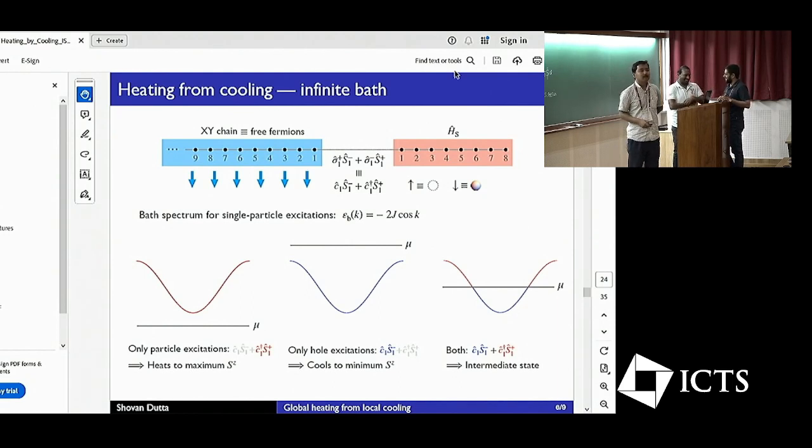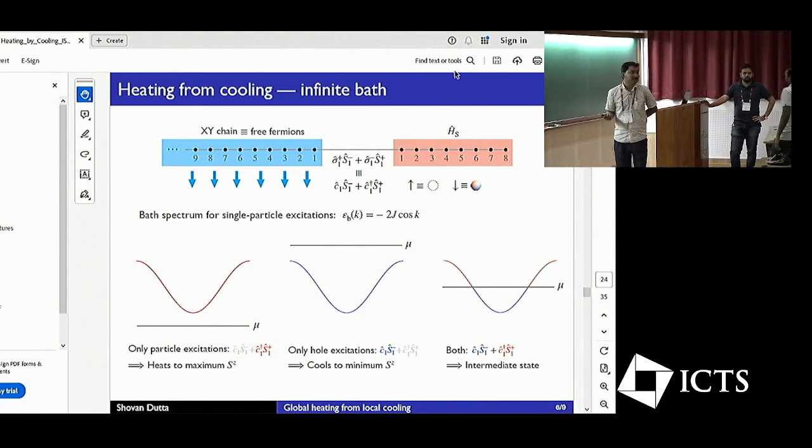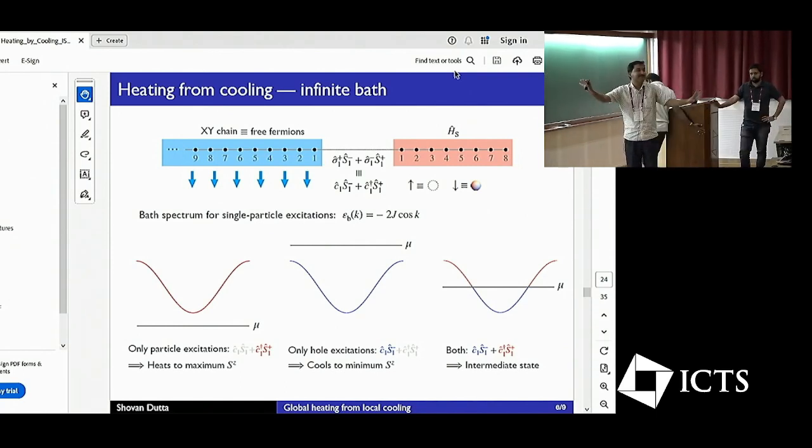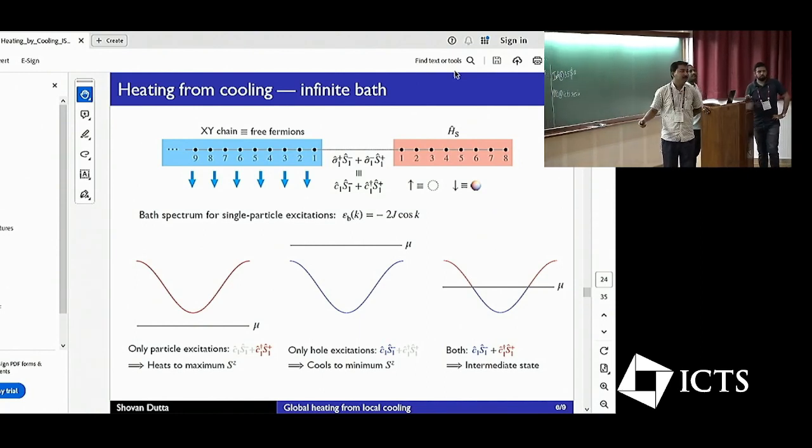Okay, I mean, yeah, but it's just coming from the SZ conservation. So it's just taking this Hamiltonian and solving it, right? Yeah, yeah, exactly.